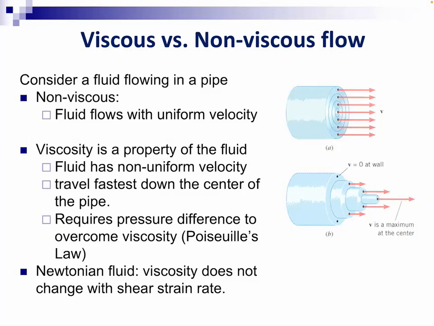So for viscous fluids, the key thing is you need a pressure difference to overcome the viscosity, and the pressure difference will allow the viscous fluid to flow. And that concept is called Poiseuille's law. Well, I don't know how to pronounce that word. Yeah, just in order to say it, let's call it Poiseuille's law.